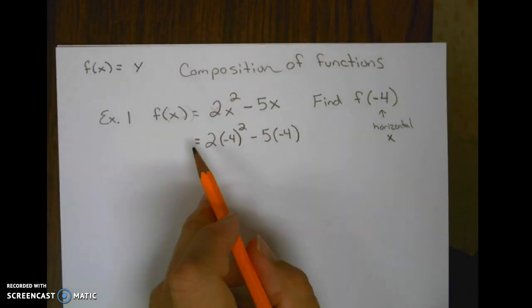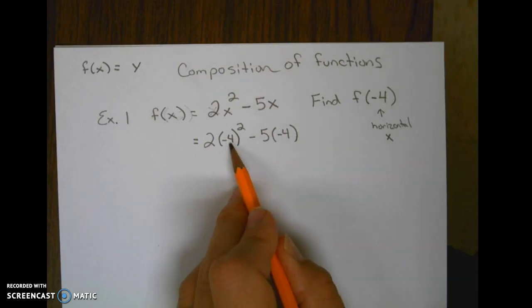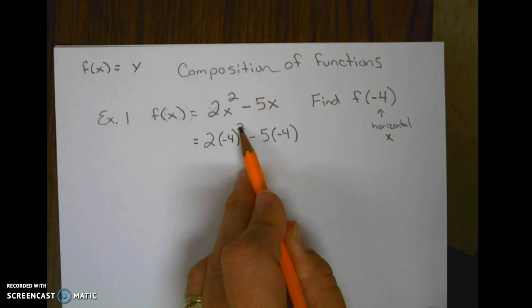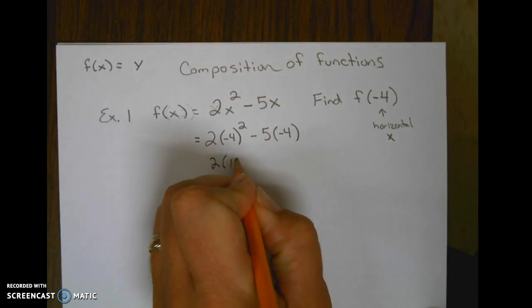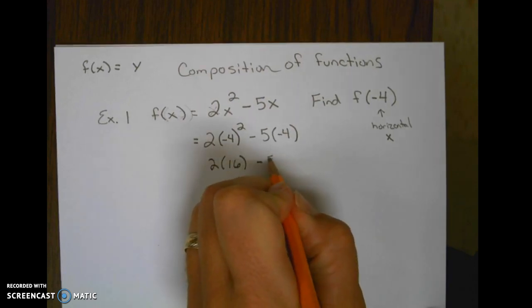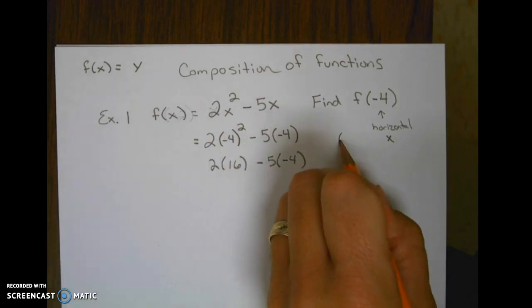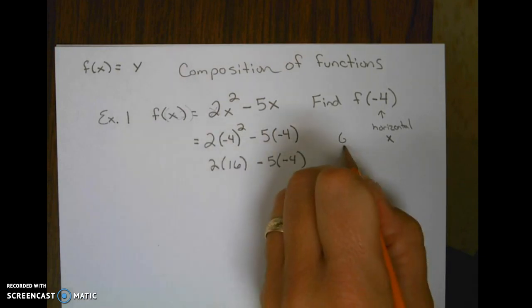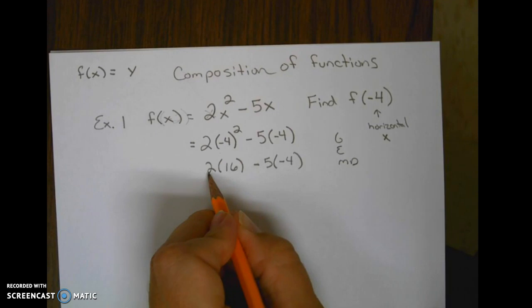Okay? So now we use PEMDAS. Parentheses: there's nothing to do inside the parentheses or grouping symbol. Exponent: negative 4 squared is going to be 16, because a negative times a negative is a positive. So we've taken care of any grouping symbols, we've done exponents, now we're multiplying and dividing from left to right.